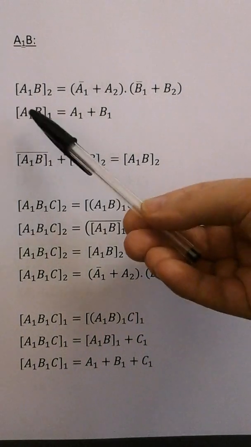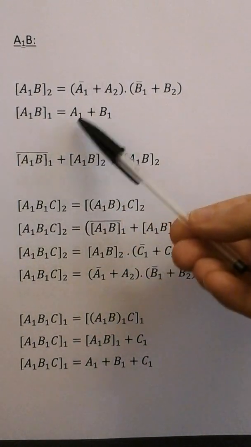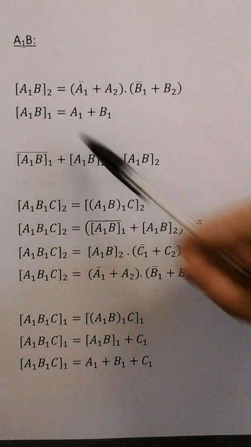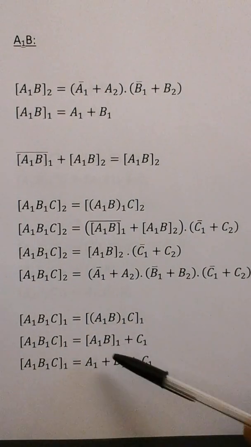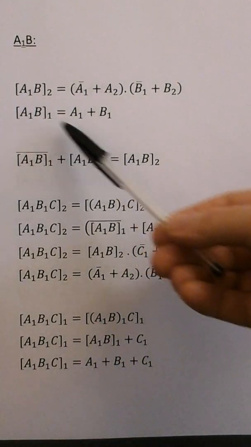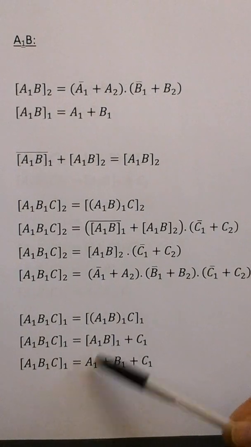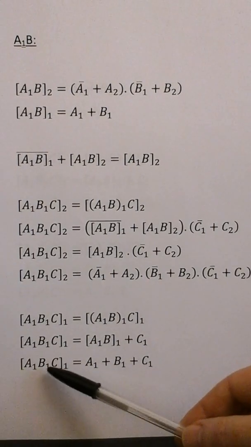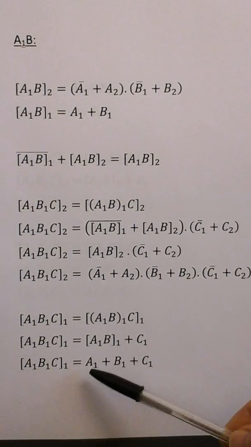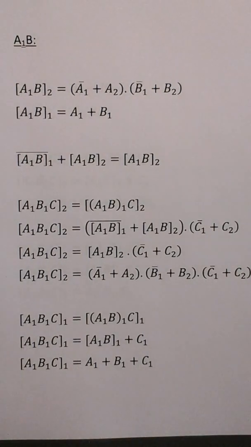So this becomes A1B and B becomes C. And then in turn A1B1 equals A1 or B1. So you substitute that in there and you get A1B1C1 equals A1 or B1 or C1.